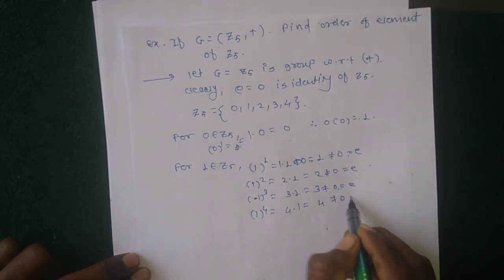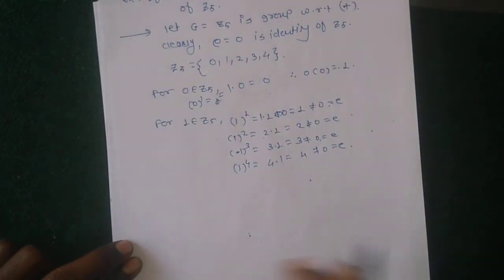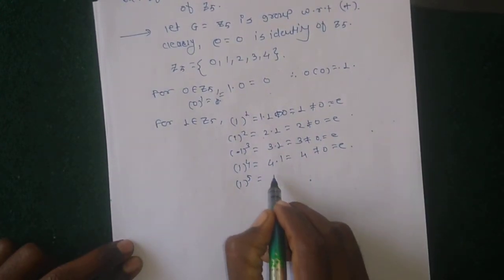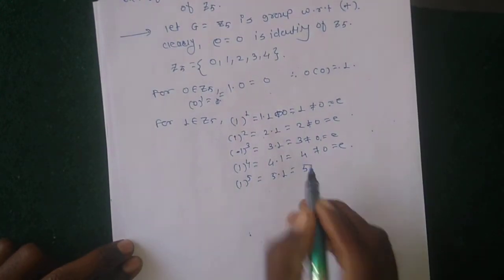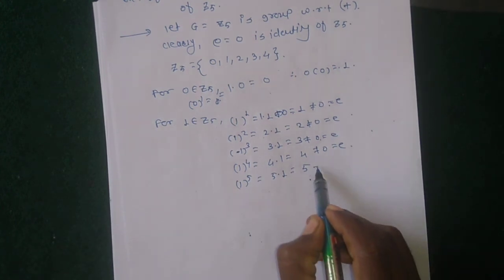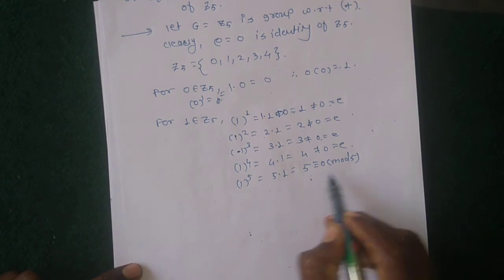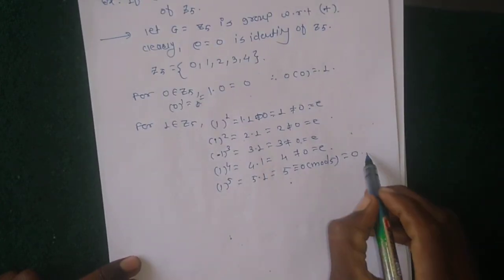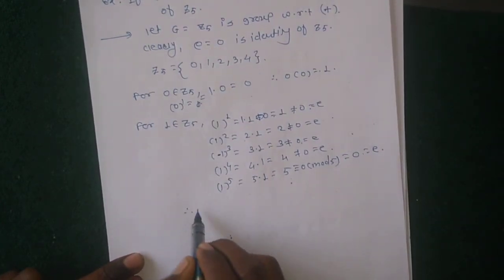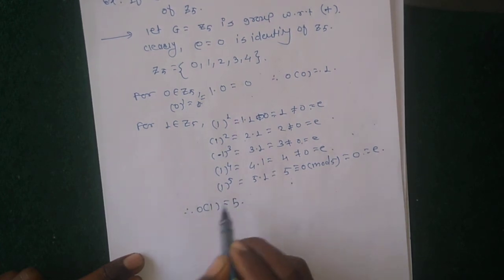This is not equal to 0. Similarly, 1 raised to 5 equal to 5 into 1 equal to 5, and 5 is congruent to 0 mod 5, means their value must be 0, and this is identity. Therefore the order of 1 is 5.